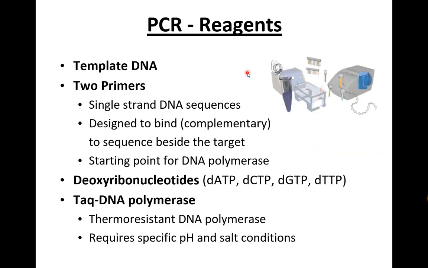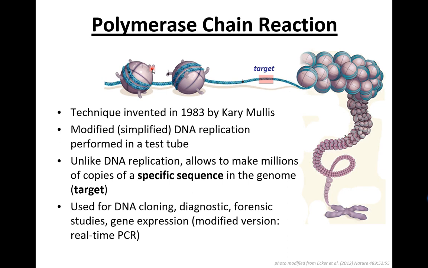How is it done? Well, it all works in a similar way no matter what you're doing. There are several components that you use to perform your PCR, and that's exactly what you use in the lab. All of this is done inside a tiny little tube, where you would add the DNA where the sequence that you want to amplify is contained. So for example, if you had extracted your genomic DNA, you would add all that purified genomic DNA.